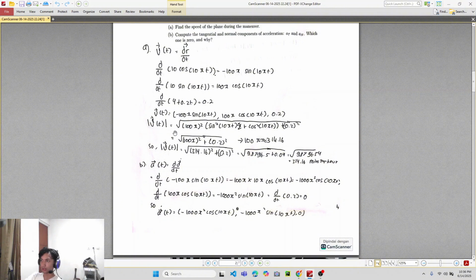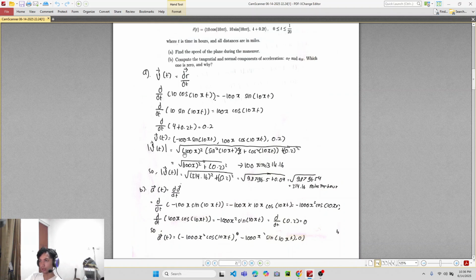So we need to find the norm of this, and to find it we just take the square root of (100π) squared sin squared 10πt plus cos squared 10πt, and then plus 0.2 squared, which will result in 314.16.